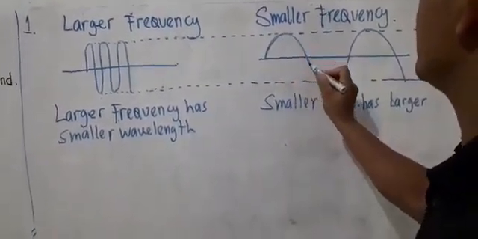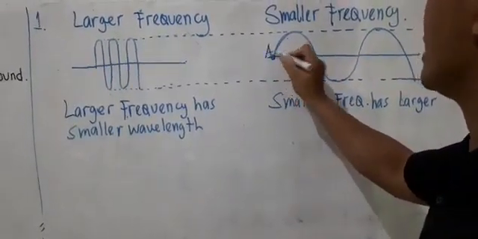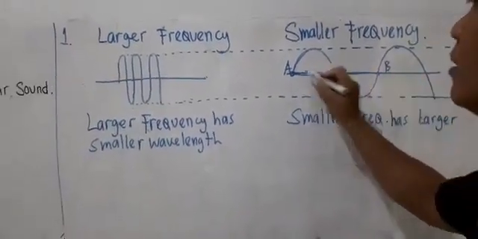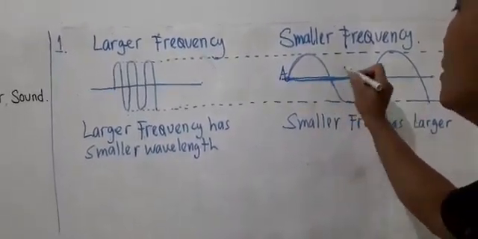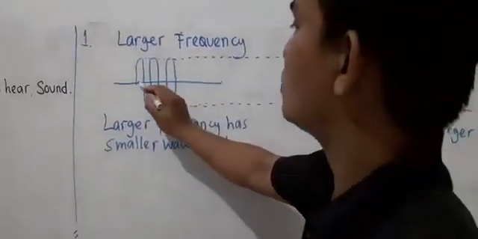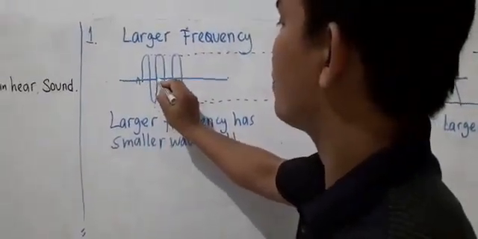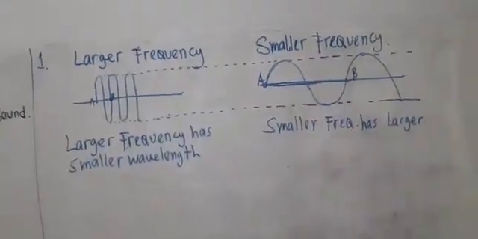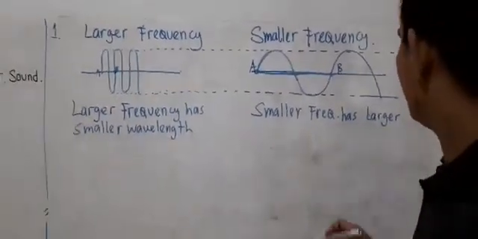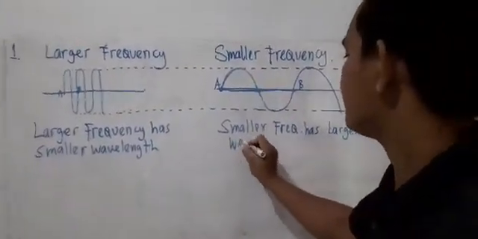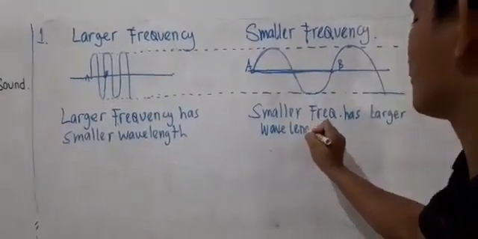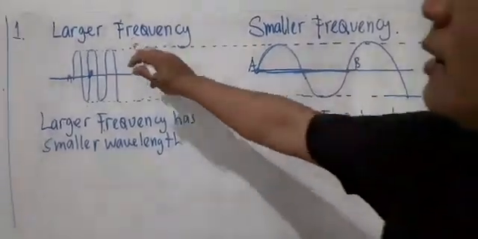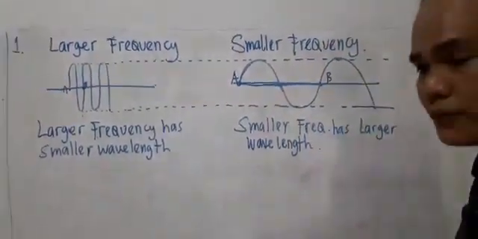What I mean by larger is the distance between point A and point B is further, for example 2 meters, but this one is only from point A to point B maybe 30 centimeters or 0.3 meters. So this is the difference between larger frequency and smaller frequency.